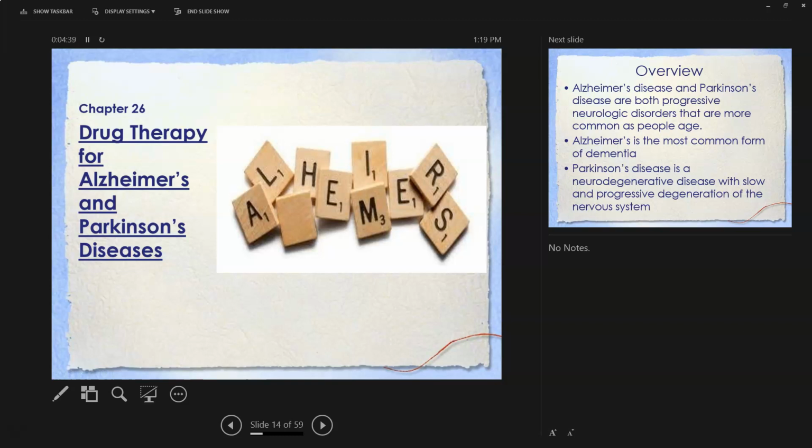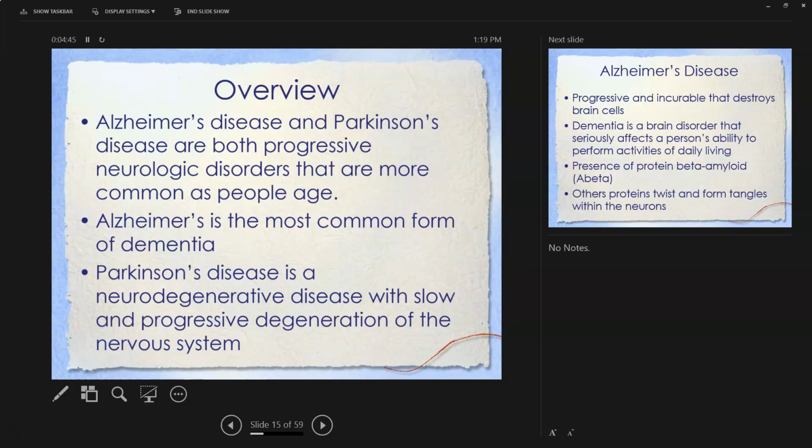Chapter 26 is Alzheimer's and Parkinson's disease. You hear a lot on the news nowadays about Alzheimer's. They're both progressive neurological disorders that are more common as people age. Alzheimer's is the most common form of dementia.